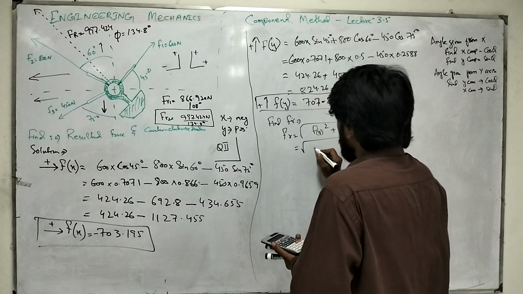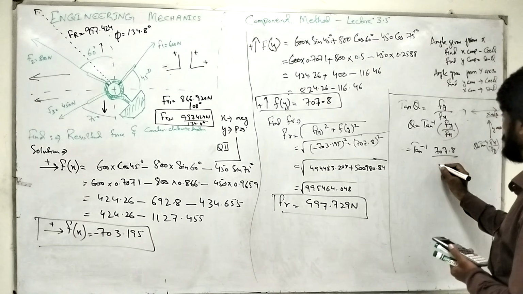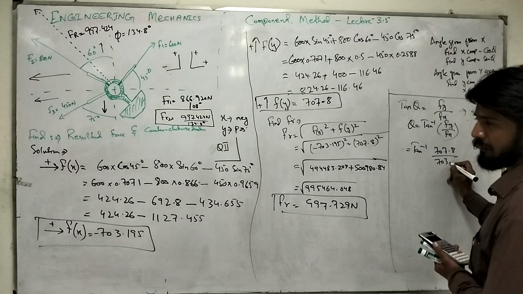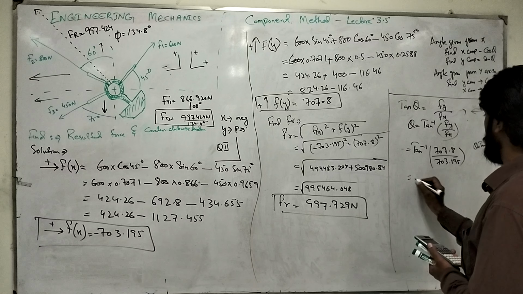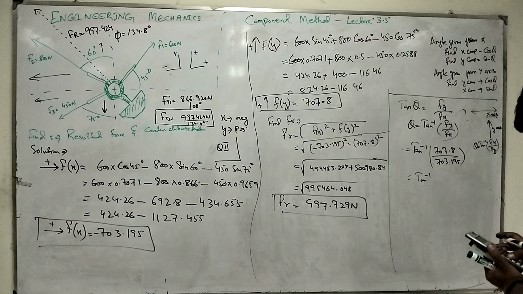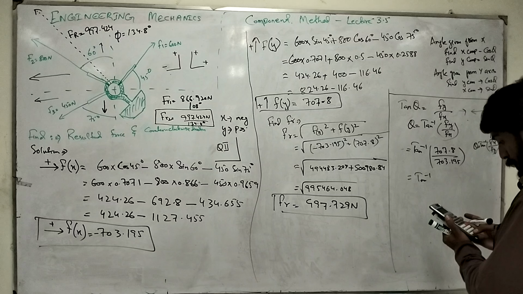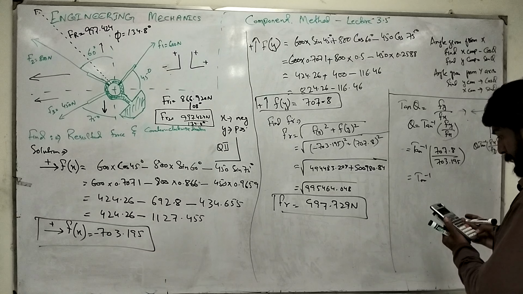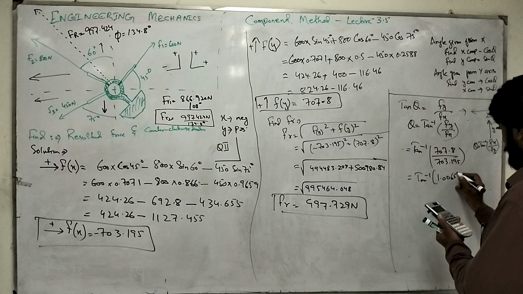So tangent inverse Fy. What is the Fy? Here we have 707.8 divided by 703.195. Okay, so tangent inverse of 707.8 divided by 703.195, and we have 1.0065.